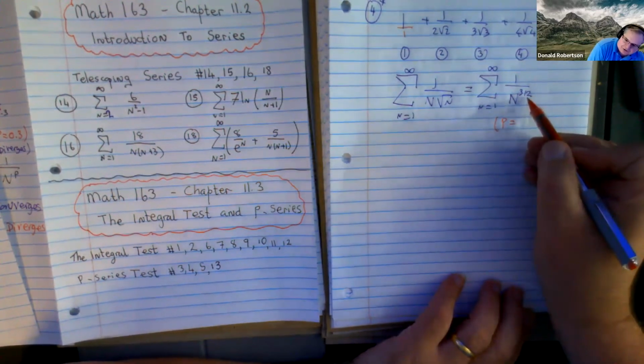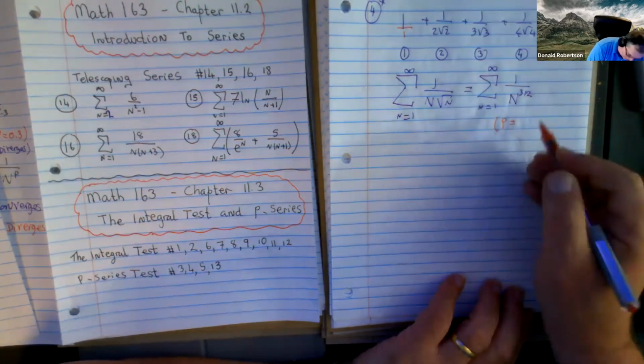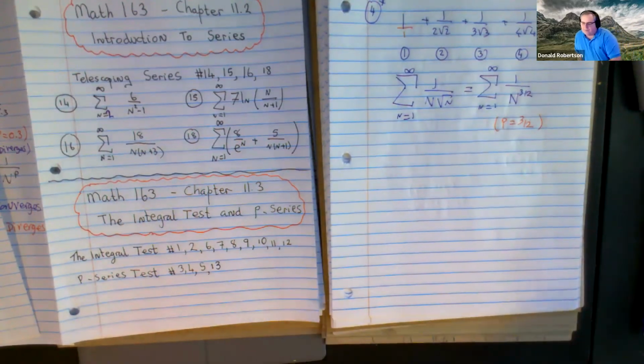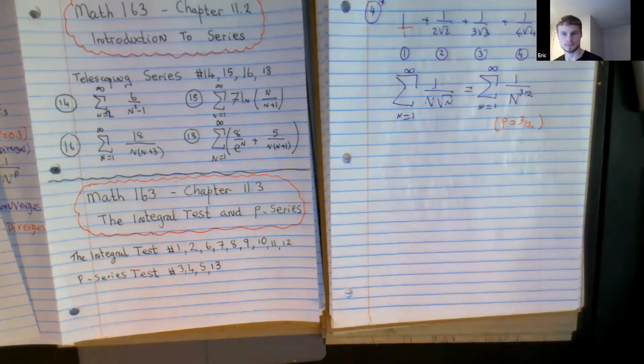This is a p-series, right? That's what p-series look like. Its power is 3 halves. Let's finish with an easy question. Does that converge or diverge? Converges. And that's us finished.